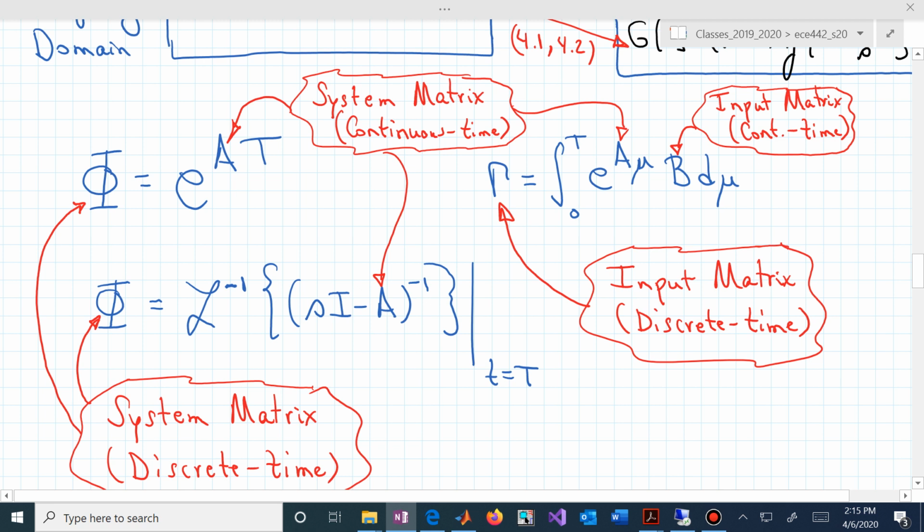The input matrix needs that matrix exponential multiplied by the continuous time input matrix capital B, and you integrate the remaining terms in that matrix product, e to the A mu times B. You integrate that over one sample period from 0 to T, and that produces Gamma, which is your input matrix for the discrete time setting.